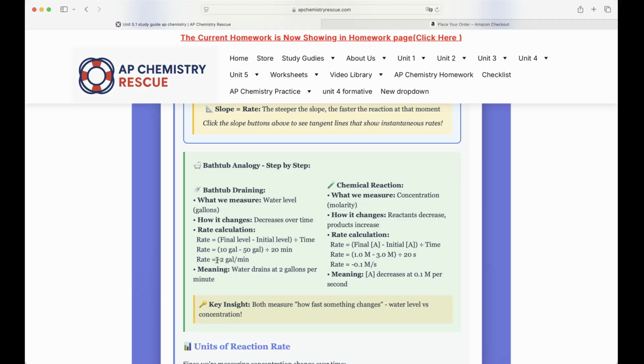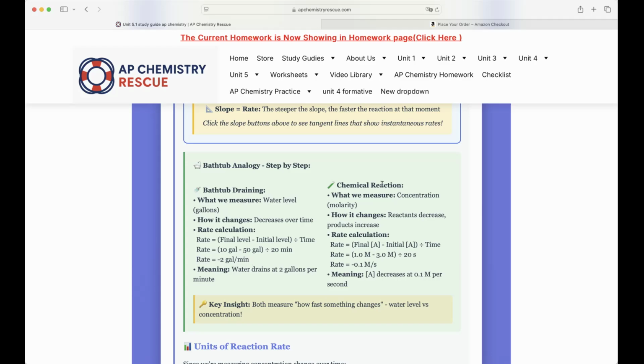This means that it is negative 2. So the rate has to be the negative of this value so that the rate comes out positive. Remember this: the rate of the reaction has to be positive at the end. So I will say that the rate is 2 gallons of water draining out from the bathtub every minute. So it will take 20 minutes to drain 40 gallons of water.